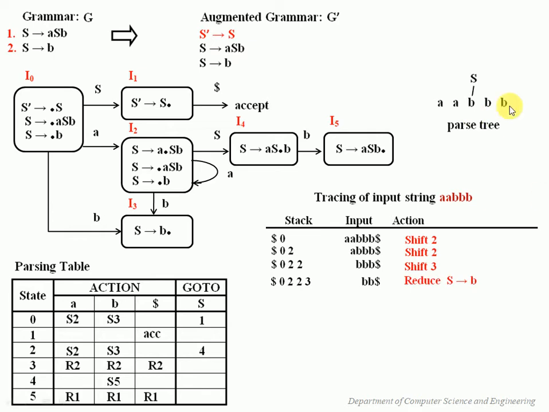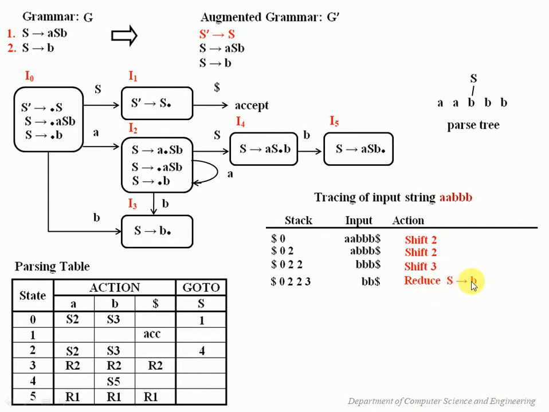Okay, so this is the B which is getting reduced to S. So let us mark it. So it is getting constructed. So we will be constructing the parse tree from bottom up.